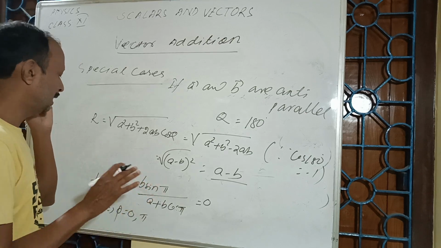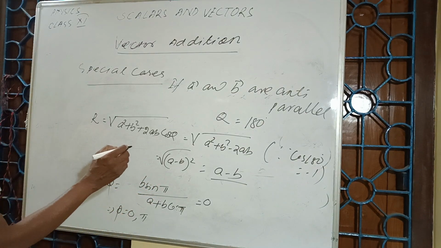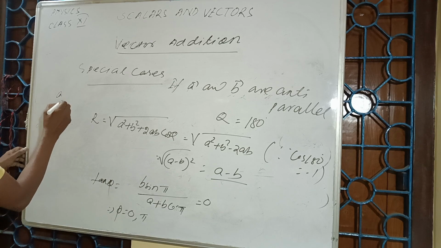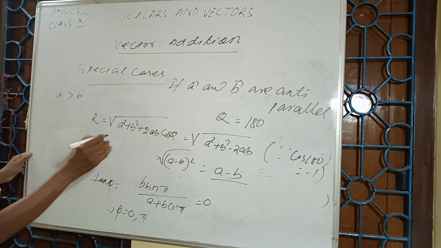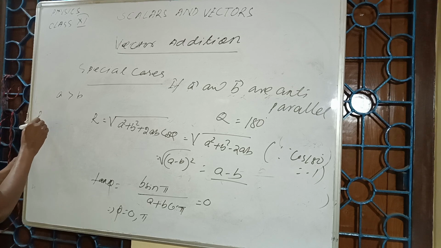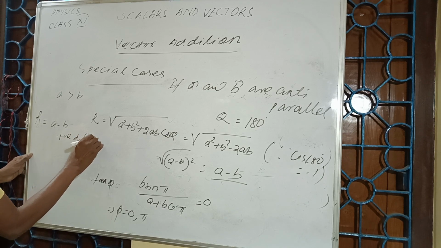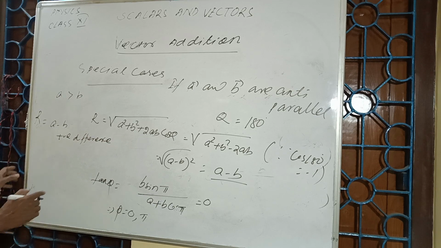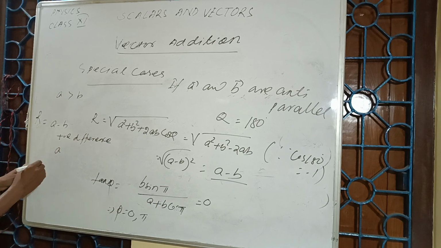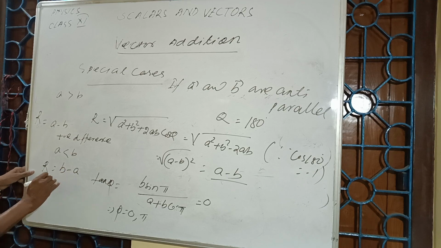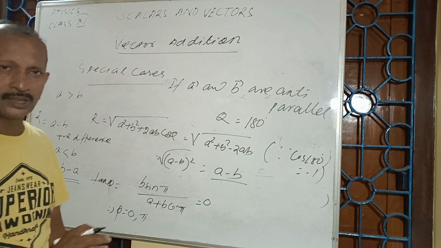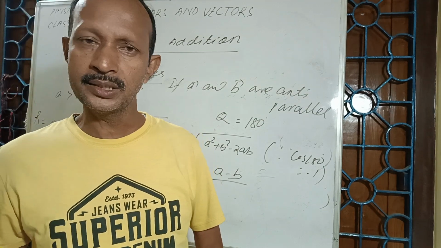Suppose A is greater than B, then the resultant A minus B will be a positive difference. If A is less than B, then R will be equal to B minus A. So this is about some of the special cases I said.